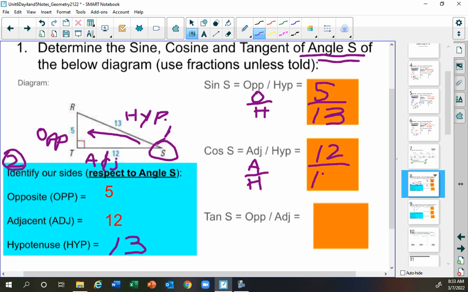Okay, there we go. 12 over 13. And then last but not least, tangent, opposite over adjacent. What's our opposite in this case? And then that's going to be over. What's our adjacent? 12. That's it.